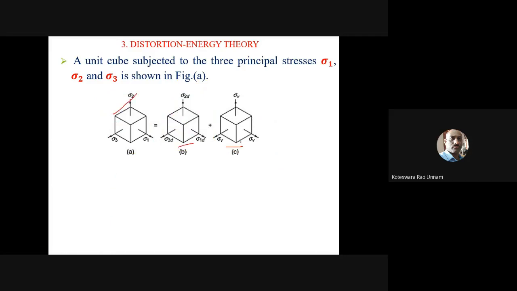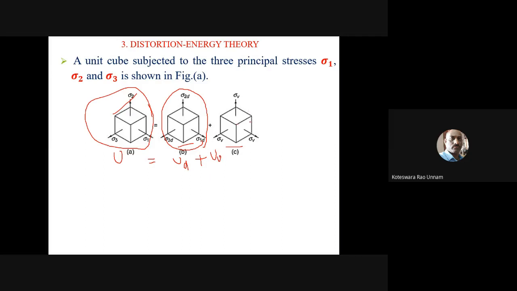Now what I need to do is, whatever may be the total strain energy here, if I take that as the total strain energy, I can write U is equal to the distortion strain energy UD, and the strain energy stored in the block because of this volumetric change, which I'll call UV.